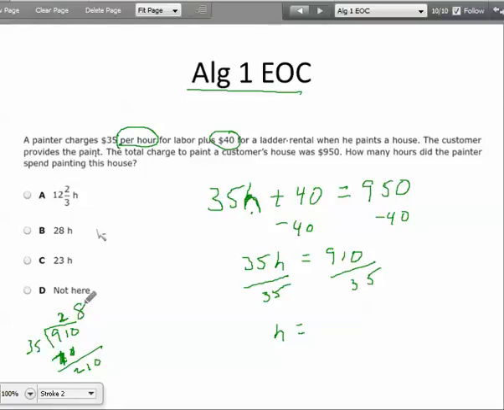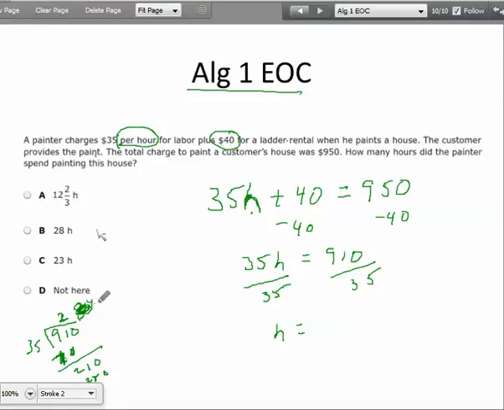So let's try 8. 8 times 5 is 40, carry your 4. 8 times 3 is 24, 5, 6, 27, 28. 28 is too high. So it can't be an 8.